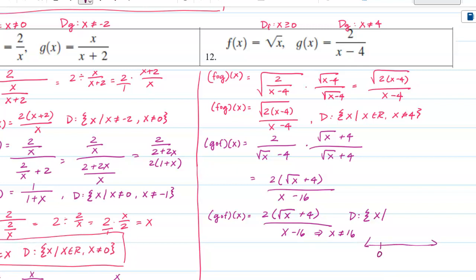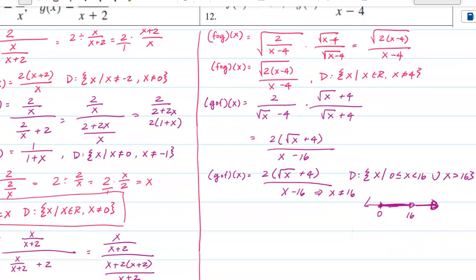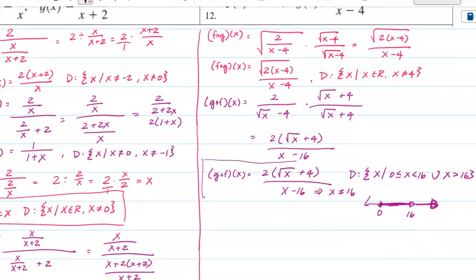But then 16, it can't be 16, so you have to take this into two inequalities. So x could be between 0, including 0, and 16, and x has to be greater than 16. There you go. There is the domain.